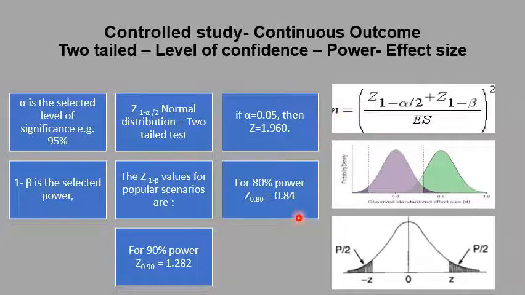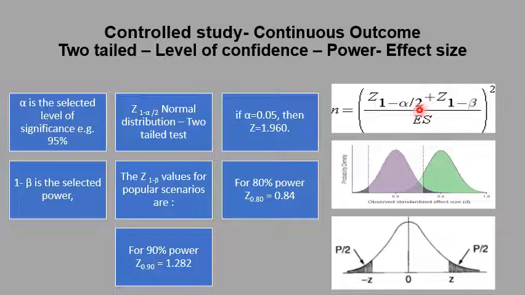Well, if we can do with 80%, then we'll have a smaller n. The z-score for the 80% is 0.84, and the z-score for the 90% is 1.28. So these two figures, you will see them repeatedly used. The 1.96 and either 0.84 for 80% power or 1.282 for 90% power.